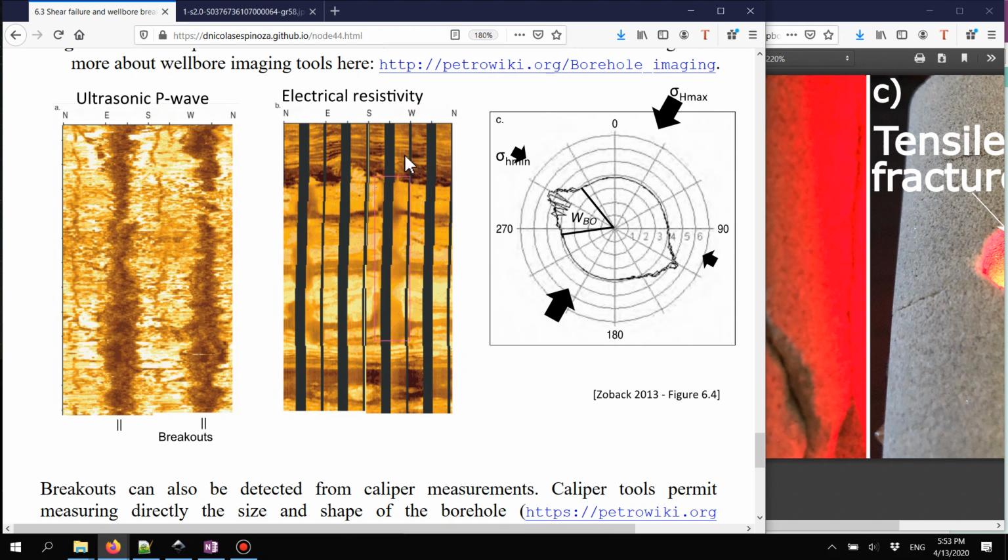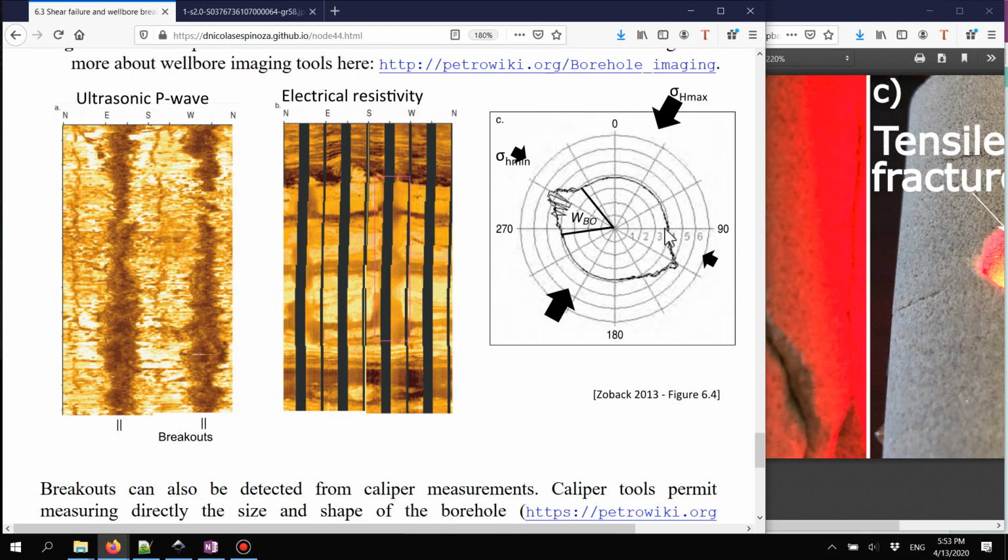And when we put all this together into a wrapped version of the image, this is what we observe. For example, in this case, this image corresponds to this image over here, where the breakout is a little bit lower than at the position of the east. So here the east, the breakout is a little bit further than 90 degrees.